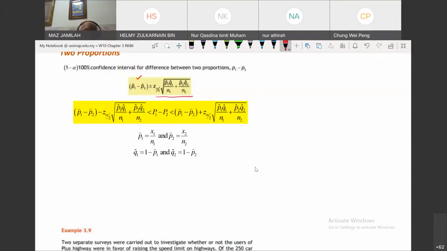You can also rewrite it as this one. Since we are dealing with two population proportions, you need to find the first sample proportion, obtained by x1 divided by n1, and the second will be x2 divided by n2. As simple as that.